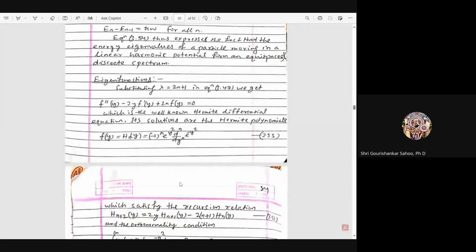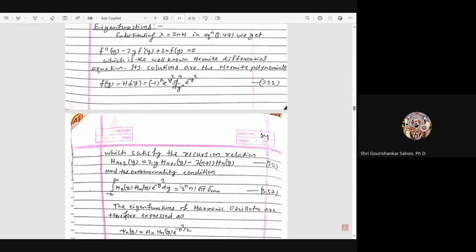And they are discrete. Then eigenfunctions. So your lambda is equal to 2n plus 1. So your f double dash minus 2y f dash plus 2n f is equal to 0. So your f(y) is equal to H_n(y), which is equal to (−1) to the power n e to the power y square d to the power n by dy to the power n of e to the power minus y square. And I have told you that this is the Hermite polynomial during my mathematical physics class.